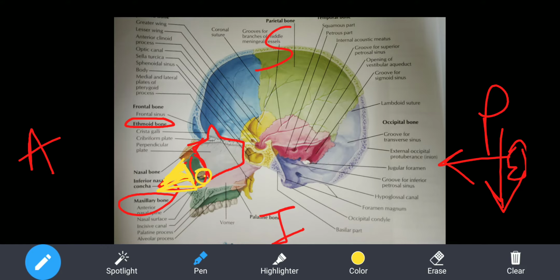Vomer is in the base. I will use black color. And above is the nasal bone. What is the bone behind here, which I have encircled? It's part of the maxillary bone. And this yellow colored part is the cartilaginous part. So you see, the nasal septum is made up so intrinsically.